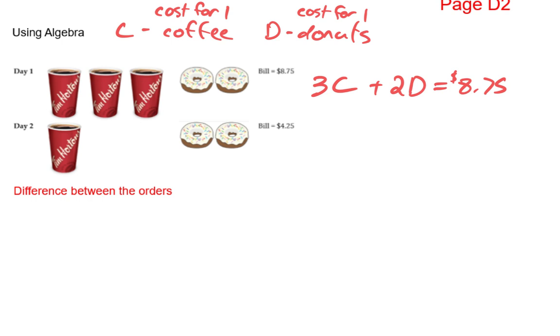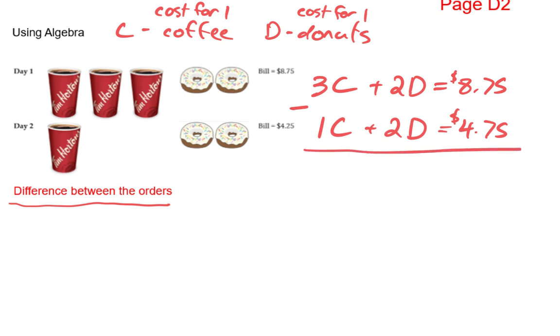C and D represent the cost rather than the number of coffees or the number of donuts. Anyhow, our second day here, we have 1 coffee. So 1 times the cost for 1 coffee plus 2 times the cost for one donut, D, adds up to $4.75. And if I'm interested in the difference between the orders, like I was on the previous page, difference means subtract. So I'm going to subtract these two equations.